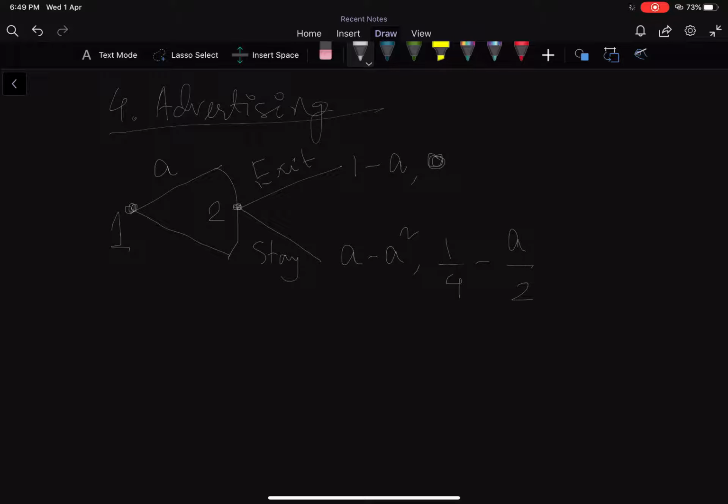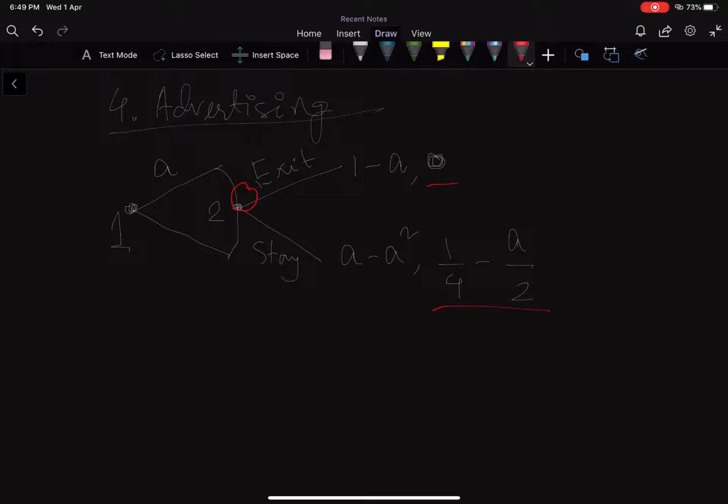Now again we can apply backward induction here. We can check what would be the best thing for firm 2 to do in this node. If firm 2 stays, then the payoff is given by this, and if firm 2 exits, the payoff is 0.